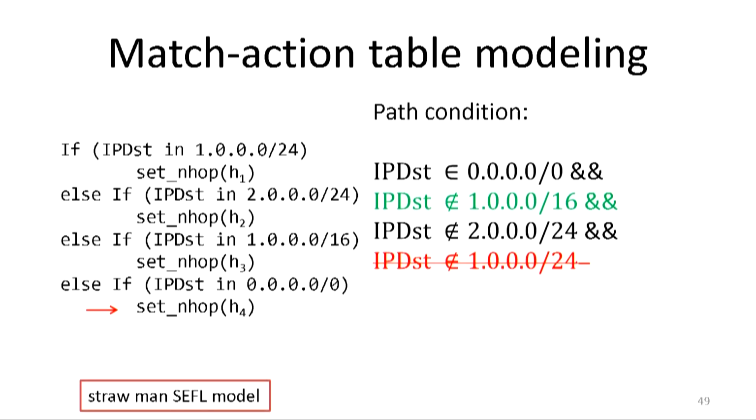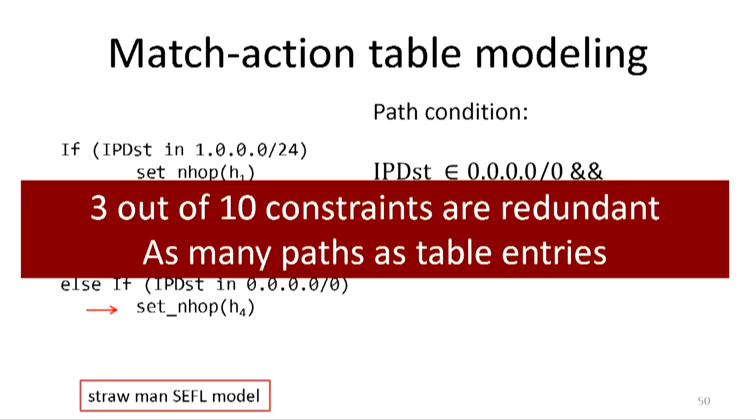In this case, one that is more general will render the last one redundant. So think about this algorithm implemented across a table. We'll end up with n squared constraints, most of which are redundant.